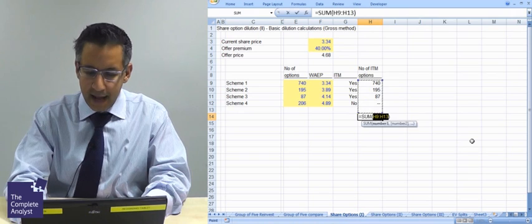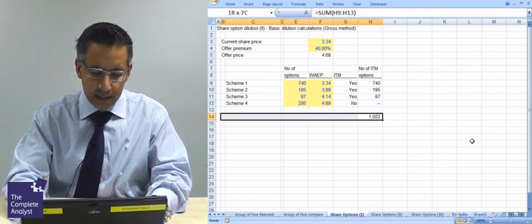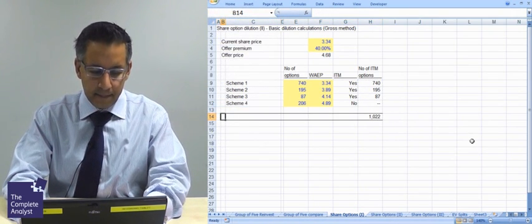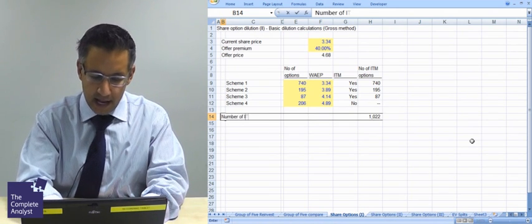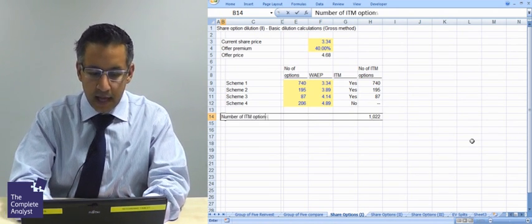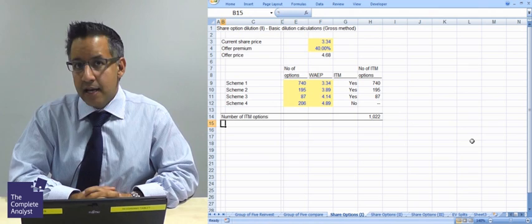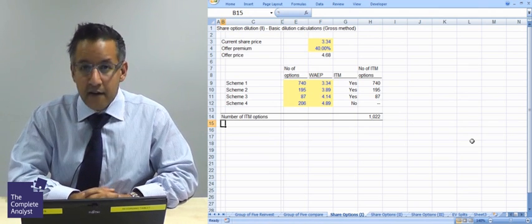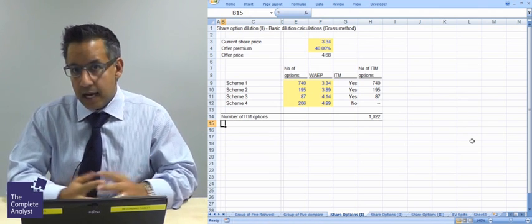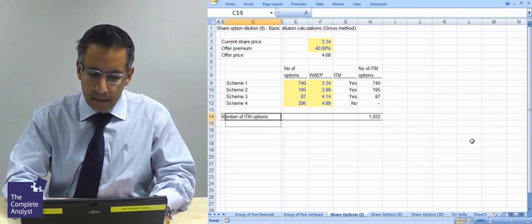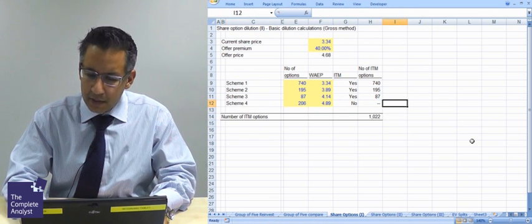So I can now work out the number of in-the-money options that I will need to buy out if this deal transacts at $4.68.